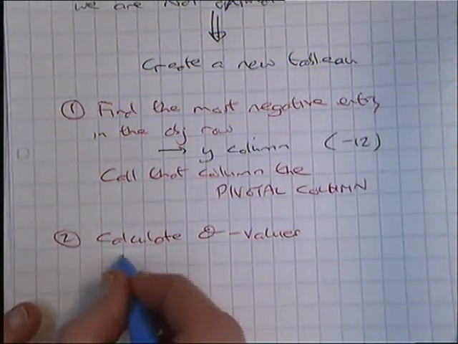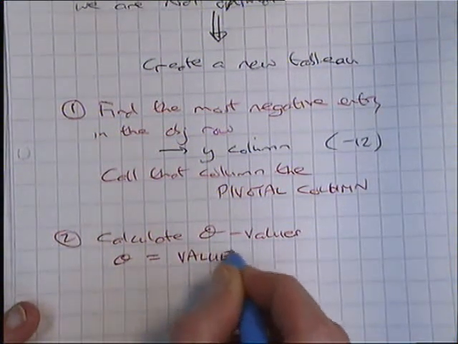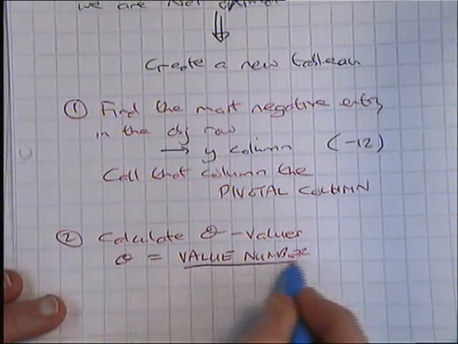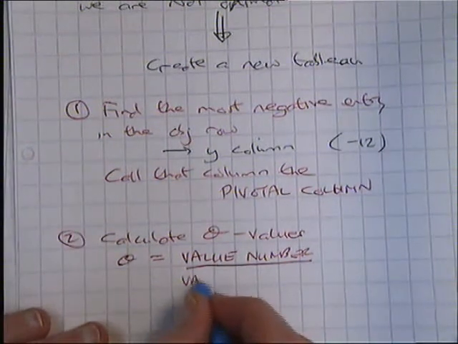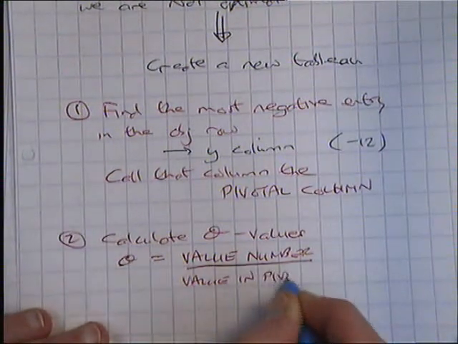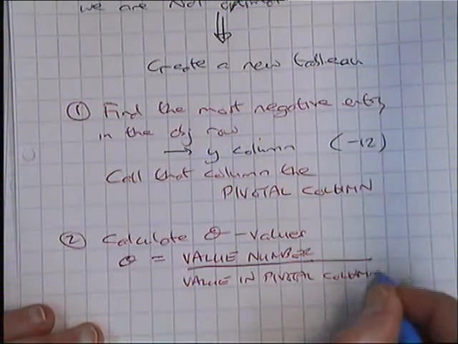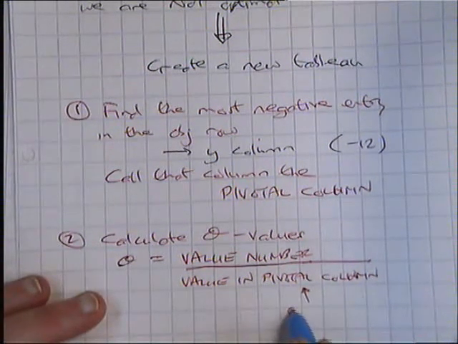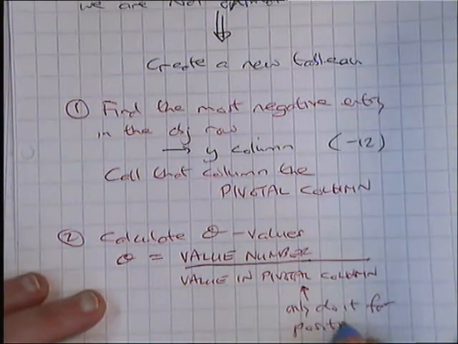To get the theta values, a theta value equals the value number at the end of the row divided by the value in the pivotal column. But you only do it for positive values.